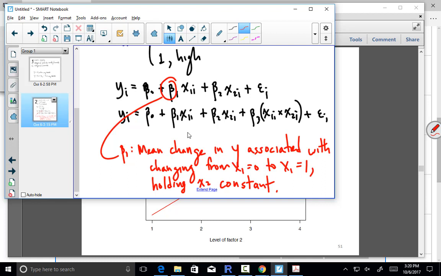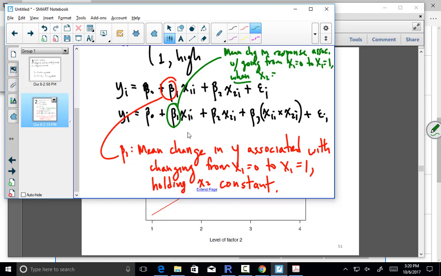Whereas this coefficient is the mean change in response associated with going from x1 equals 0 to x1 equals 1 when x2 equals 0.